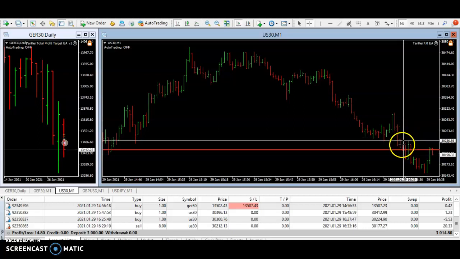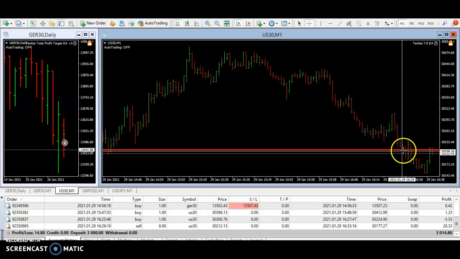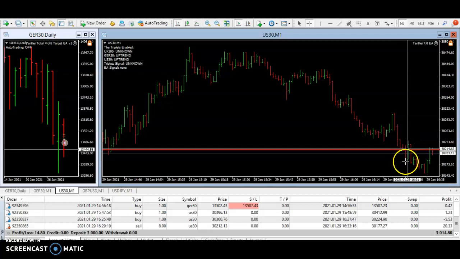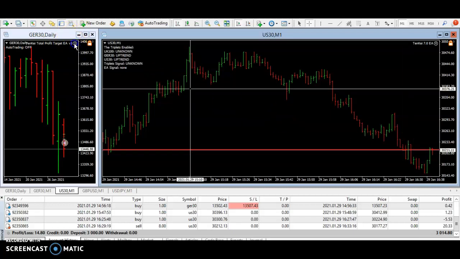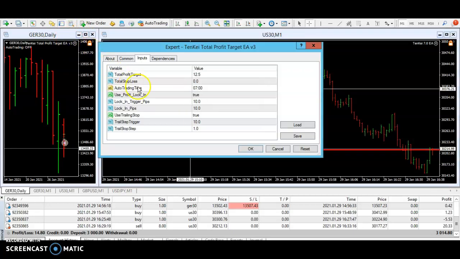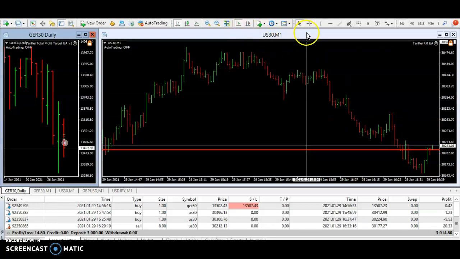It got in here, it went up a bit, down a bit, up a bit, down, and based on these readings here, once it got 10 points in profit, it all got locked in, it trailed it pretty fast and got out at, let's put another horizontal line here.